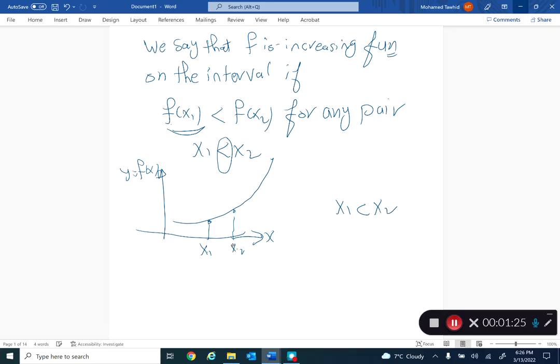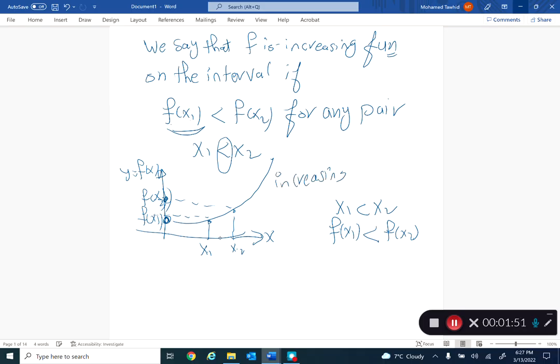Now if I look at the value f at x1 and the value f at x2, it's clear that f of x1 is less than f of x2. So this function, we call it increasing.